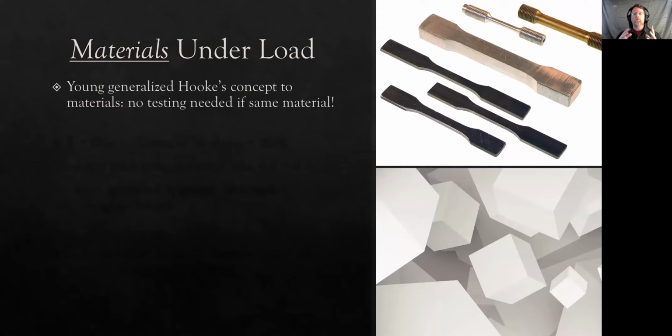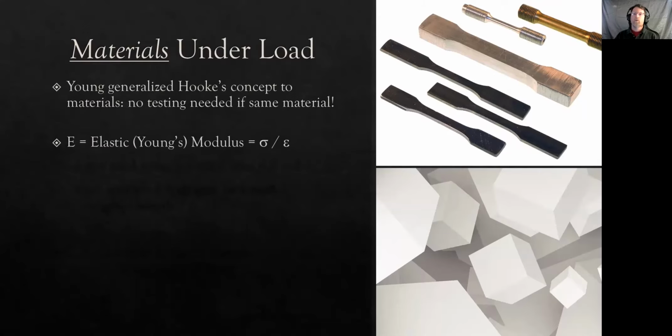So if you knew the geometry of the material, you could figure out how it's going to deflect, what shape it's going to take, what stretching and all that kind of stuff, without doing testing on that particular part. It didn't matter what size the part was because it's made of this material. He says, hey, this is a material property.